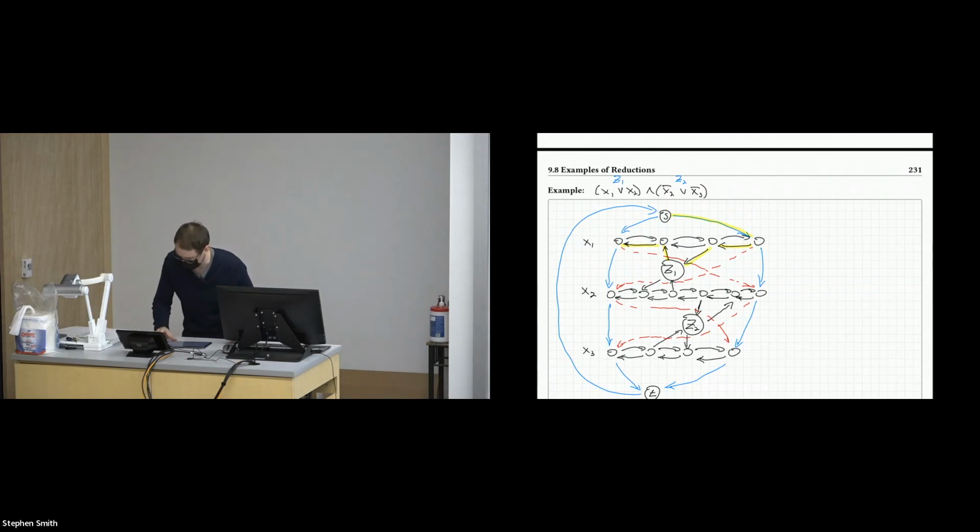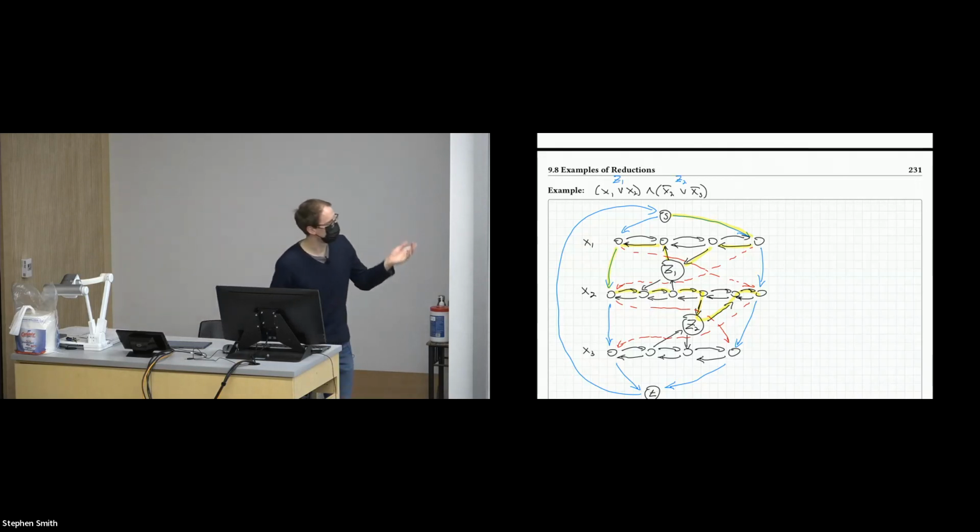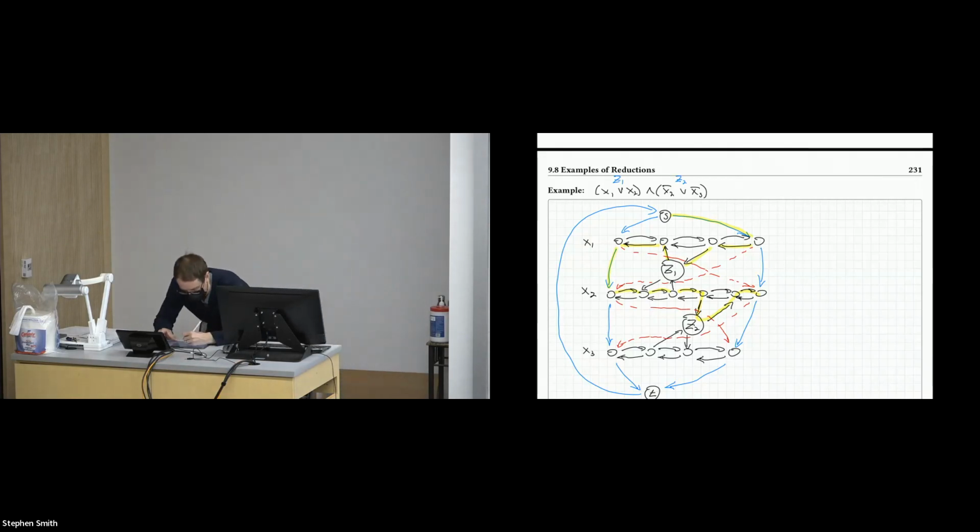X2, I'm going to traverse in the false direction. So I go down to this, then across. And then actually, I've already satisfied both Z1 and Z2. So now I can traverse X3 in either direction. To make my picture a little simpler, I'm just going to go this way. Like that. Then I go down to T and then travel back up around to S.